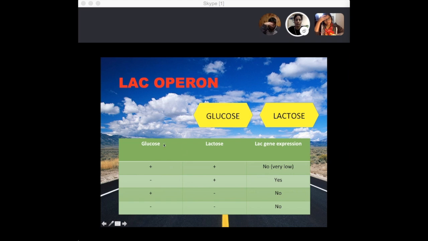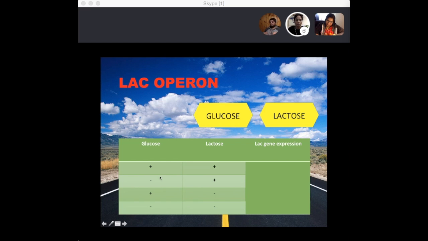All right, so then looking at this chart here, if we have glucose and lactose available, what would the cell prefer to use? Glucose, right, which is readily available. Even if lactose is present, glucose is going to be the preferred source because it doesn't have to expend any of its own energy to make the lactose metabolites.